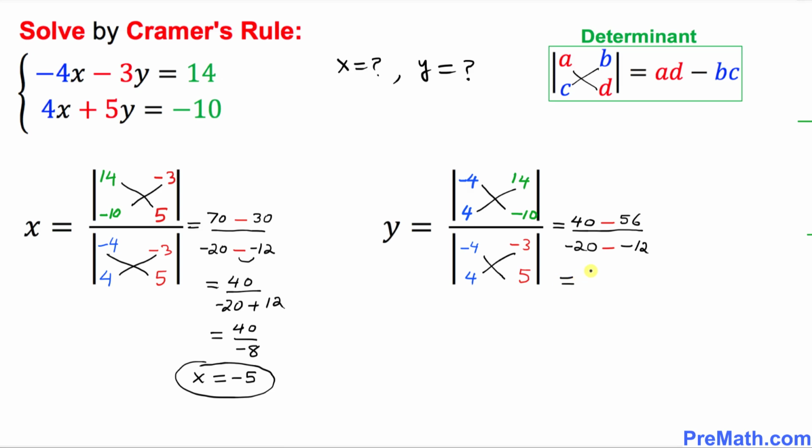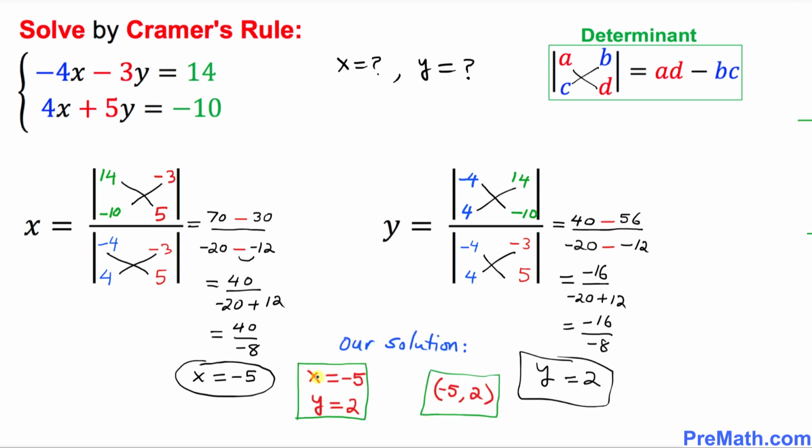Let's simplify. On the top it is -16, divided by -20 plus 12, which is -16 divided by -8. If you simplify, that gives us 2. So y turns out to be 2.